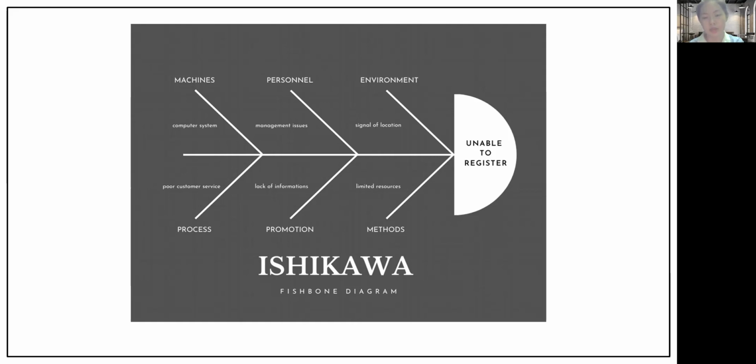So let's have the methods. Under the methods, we have limited resources. It's just like having limited sources of equipment, maybe like that, so that the college student is unable to register.